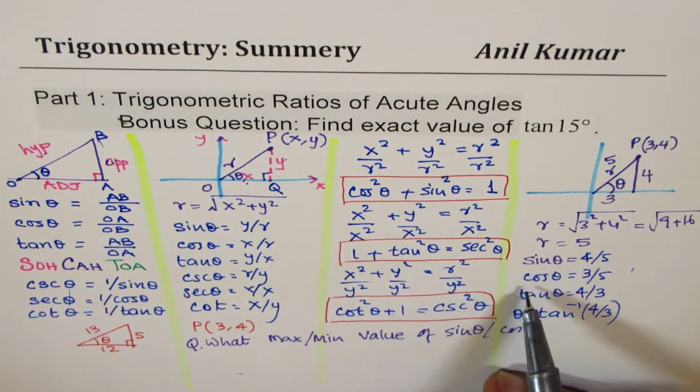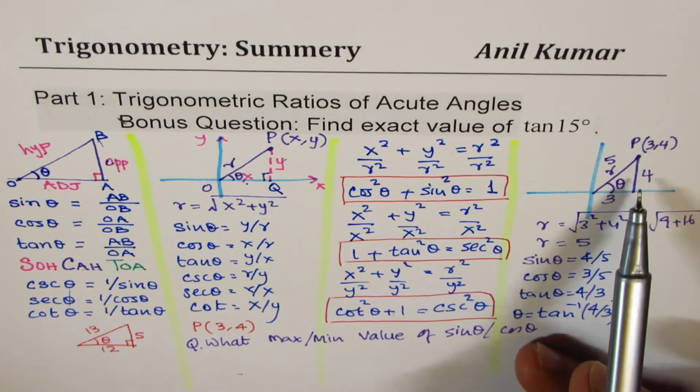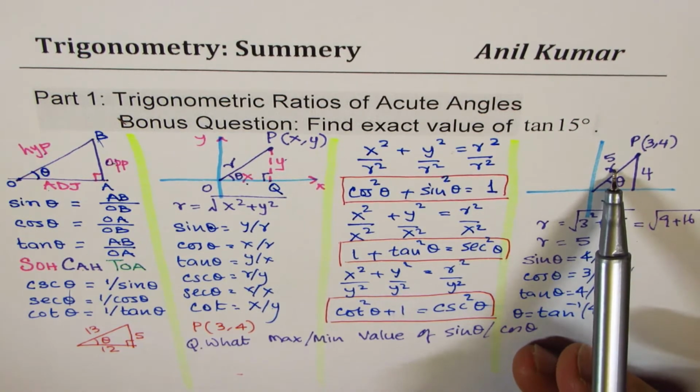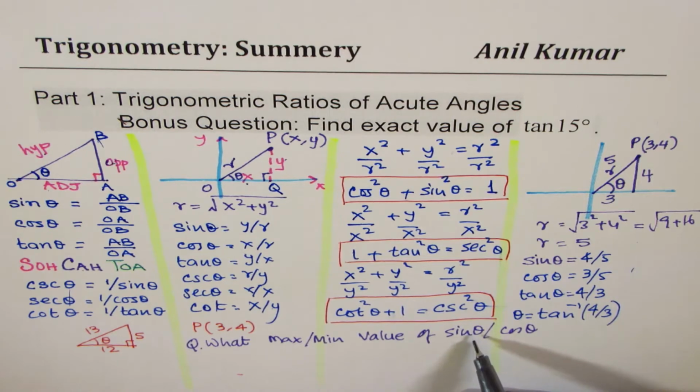Now as you can see here, sine theta is a ratio of the smaller side over the hypotenuse. Do you see that? Smaller side over hypotenuse. So the maximum value could be just 1. So it cannot be more than 1.